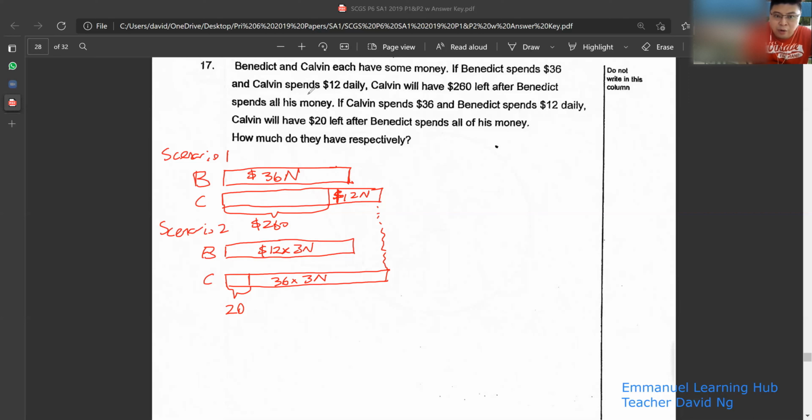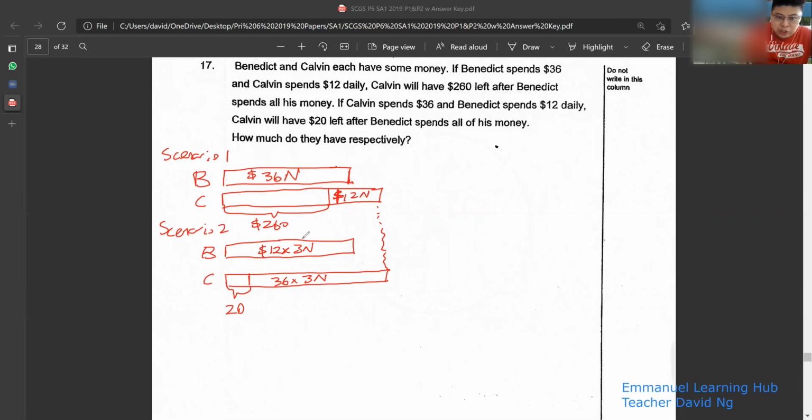You understand? Scenario 2, if Calvin spends $36 and Benedict spends $12 daily, Calvin will have $20 left after Benedict spent all.